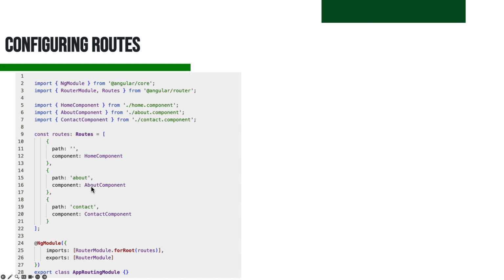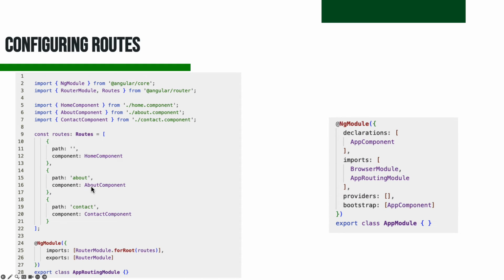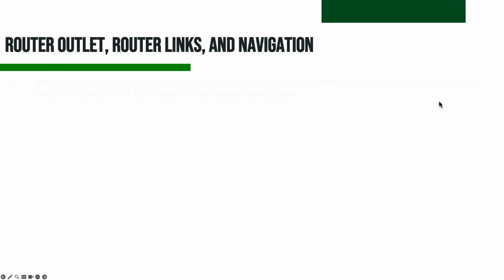So in order to use the configured routes, we need to import the app routing module in our root module application. It's often called the app module, as we saw in the example above, and it includes the router outlet directive in your main template.